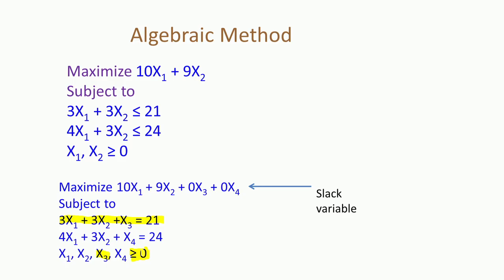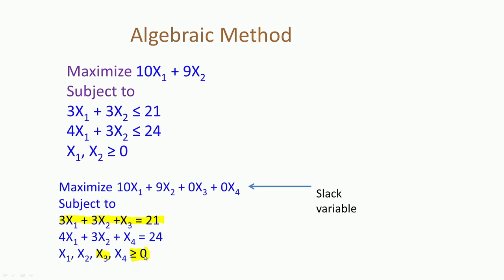So, 3x1 plus 3x2 less than or equal to 21 is now rewritten as 3x1 plus 3x2 plus x3 equal to 21 and x3 greater than or equal to 0.